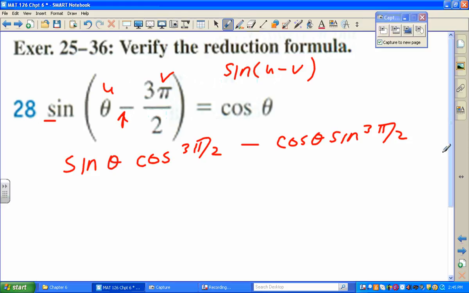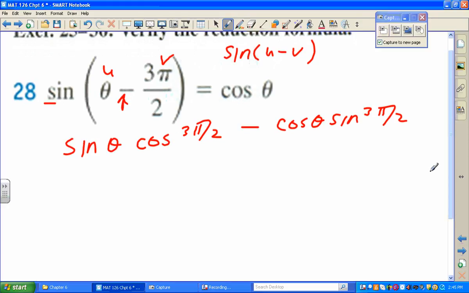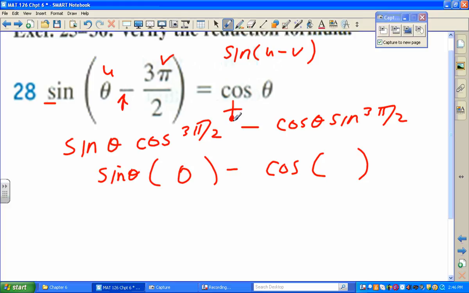So, what is the cosine of 3 pi over 2? I went to the unit circle, went to 3 pi over 2, and it's negative 1.